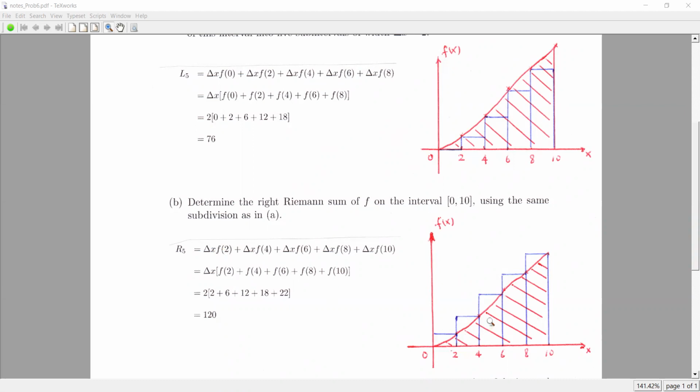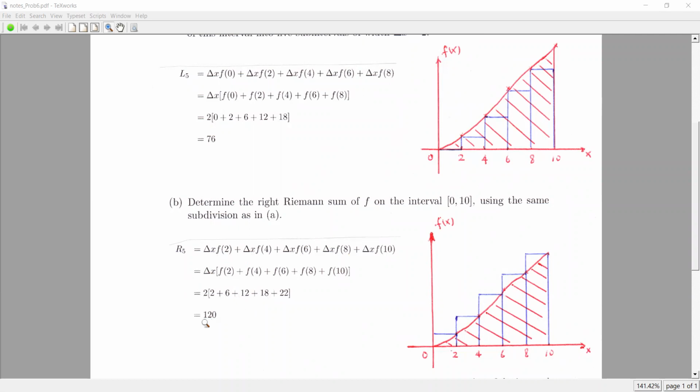The third rectangle, area is base times height, delta x times function value at 6, and so on. To compute this sum, I factor delta x out. From the table, I can tell these function values. Then I have this equation.